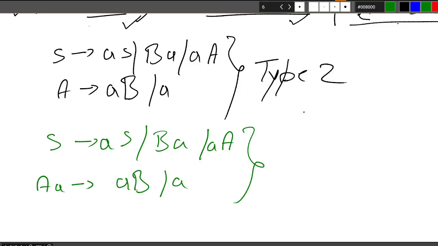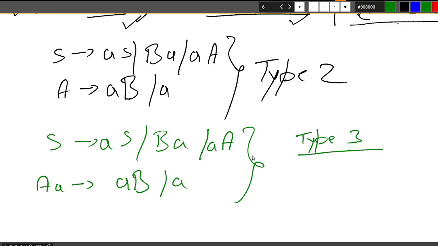Does anybody have any problem with this? Yes, sir. So tell me, what is the problem? Sir, here there exists a right linear and left linear. Right linear and left linear both. So what should be the type of this grammar?